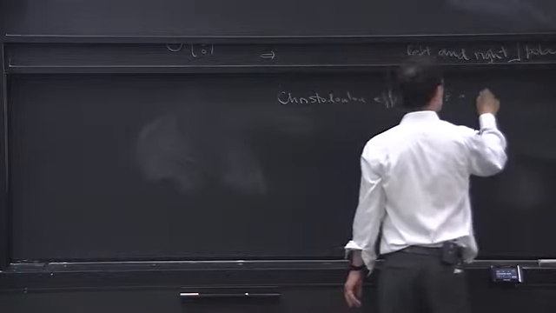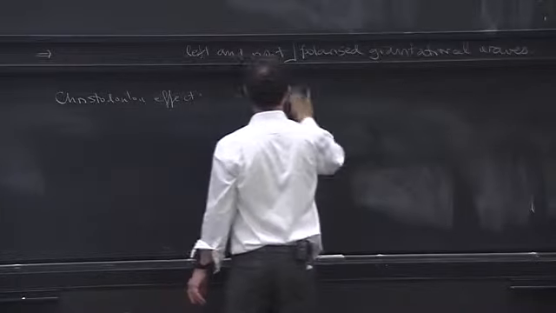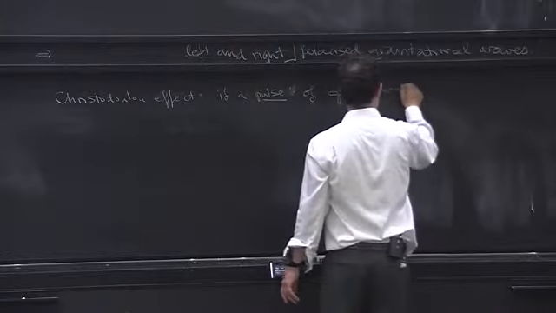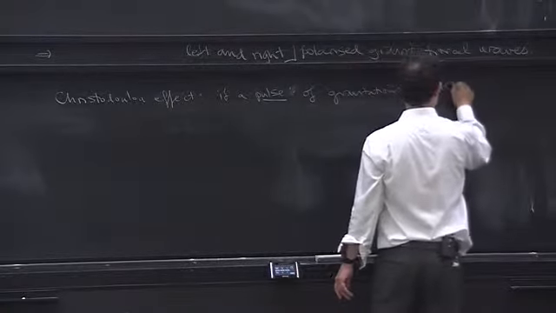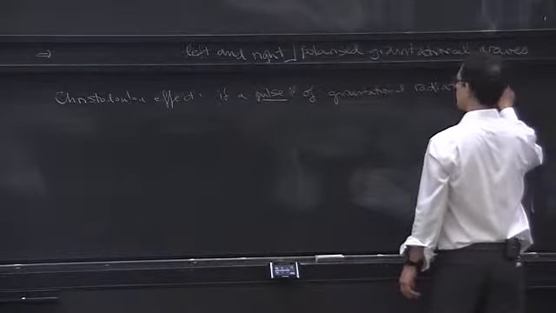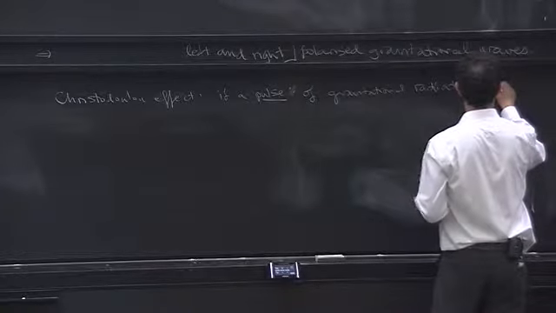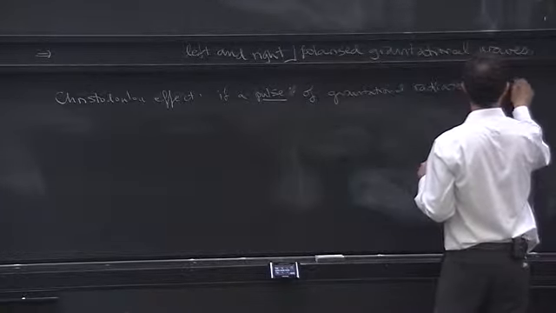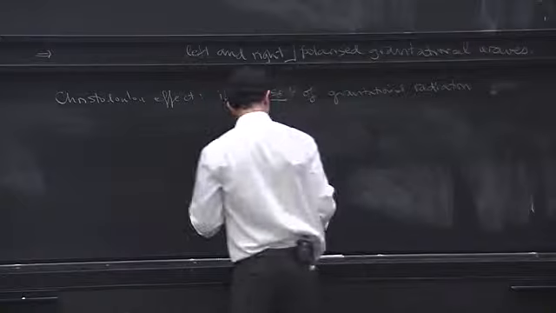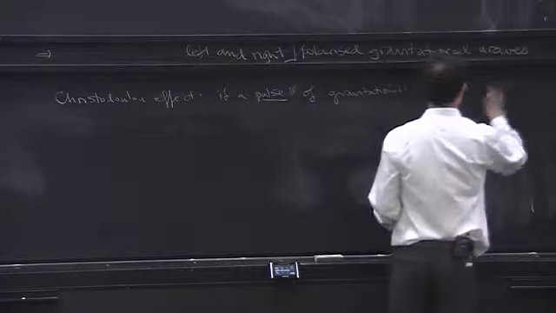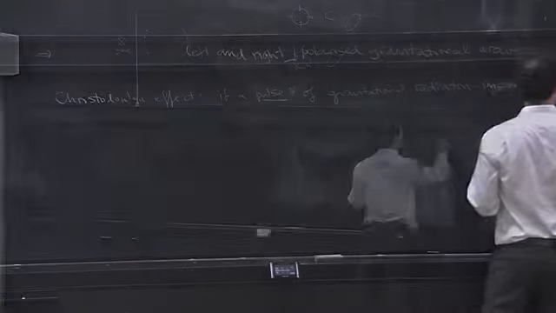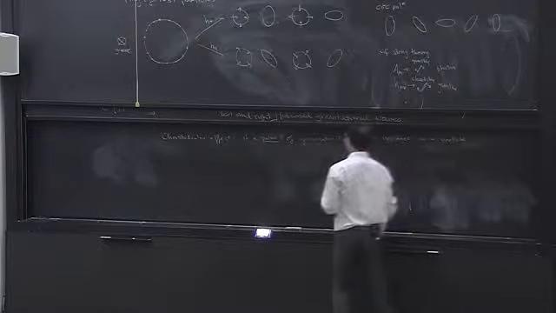If a pulse of gravitational radiation passes, let's say impinges, I'm sorry to use an obscure word, impinges on a particle, okay?